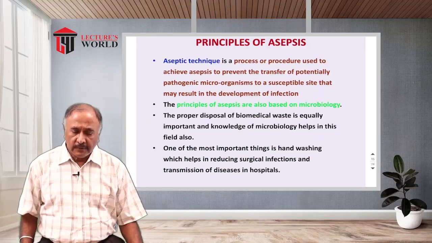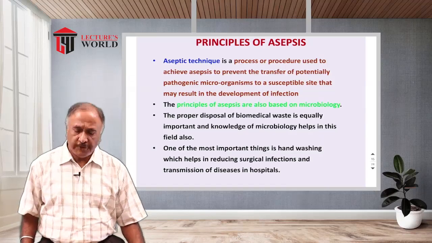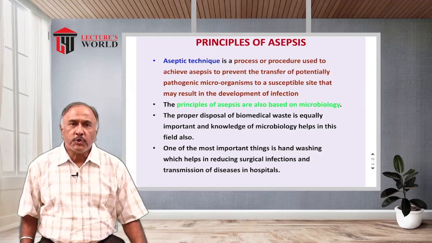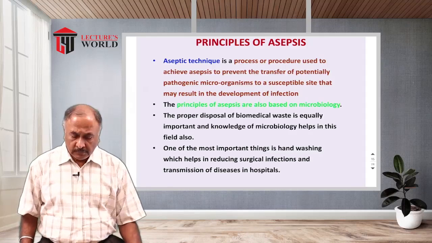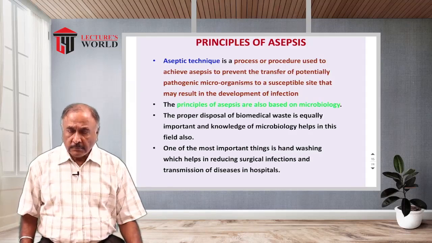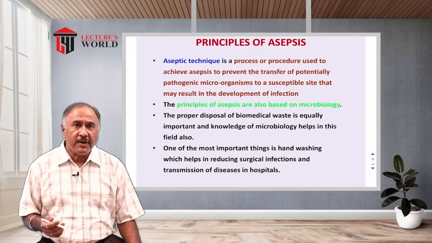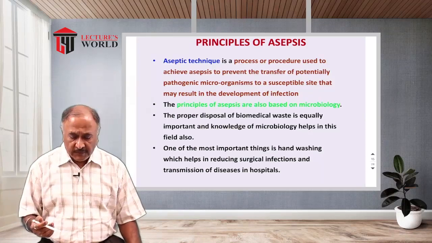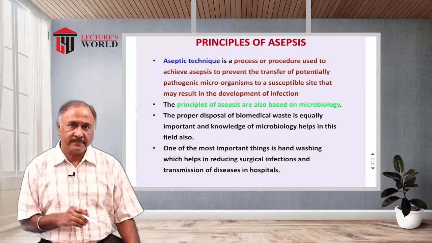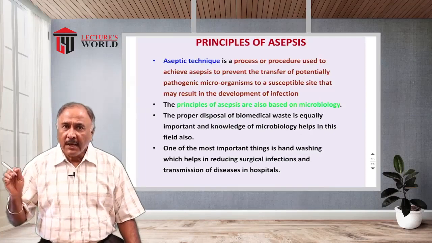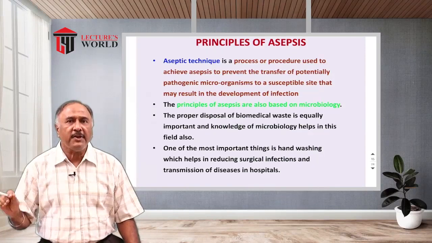Asepsis technique is a process or a procedure which is used to achieve asepsis, so that there is prevention of transfer of potentially pathogenic organisms from disease to a susceptible host. The host can be healthy, but that healthy host is a susceptible individual.